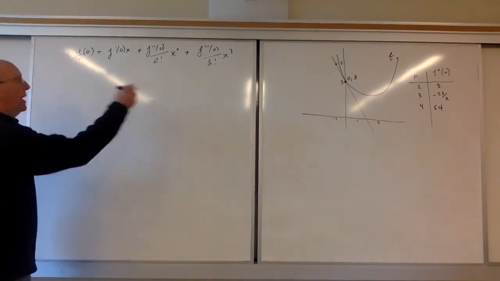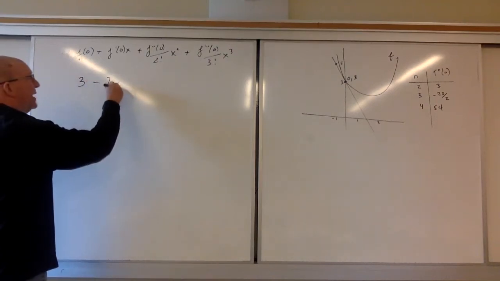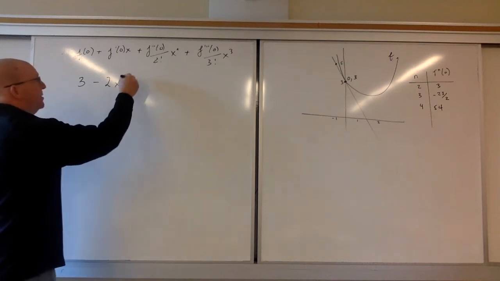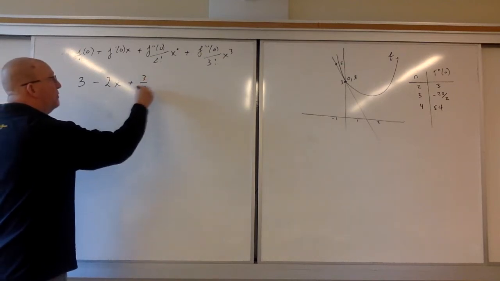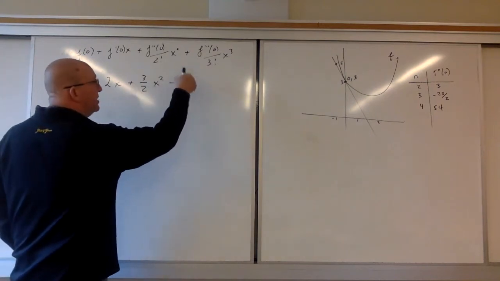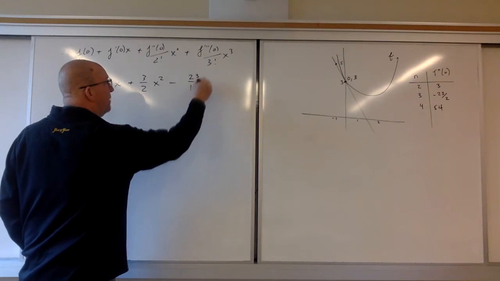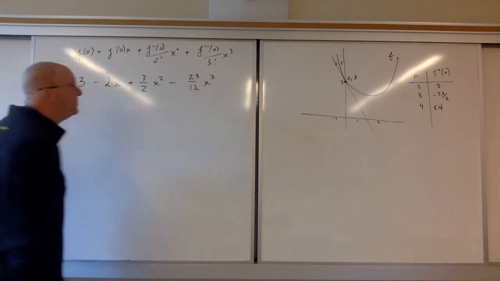So here we go. f of 0 is 3, minus 2x. f double prime of 0 over 2 gives 3/2 x squared. f triple prime of 0 over 3 factorial gives minus 23/12 x cubed.